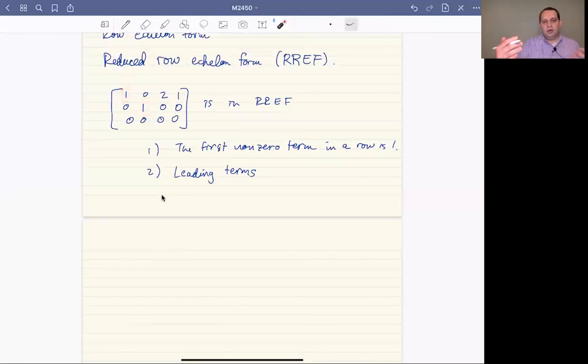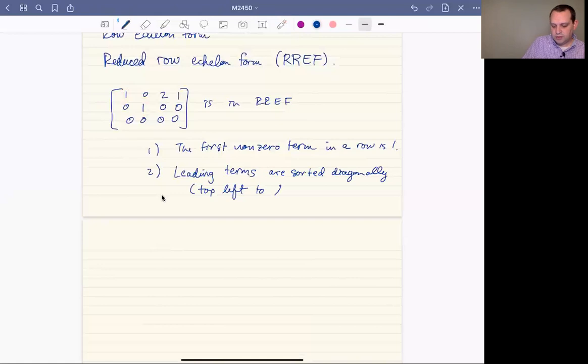In other words, you want the leading ones to go in a diagonal fashion as much as possible. So the leading terms are sorted diagonally, in the order from top left to bottom right.